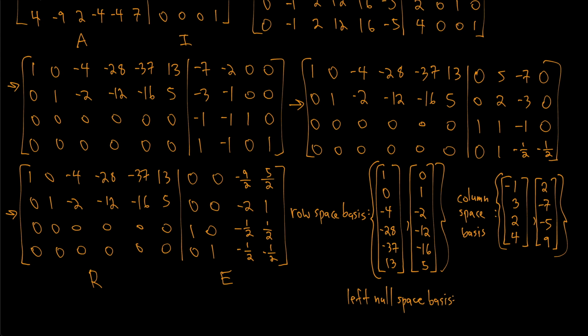So just reading off of the leading ones that we ended up with in our new matrix E over here that we got modifying the identity, we get 1, 0, minus a half, half. And then the other one is 0, 1, minus a half, minus a half.